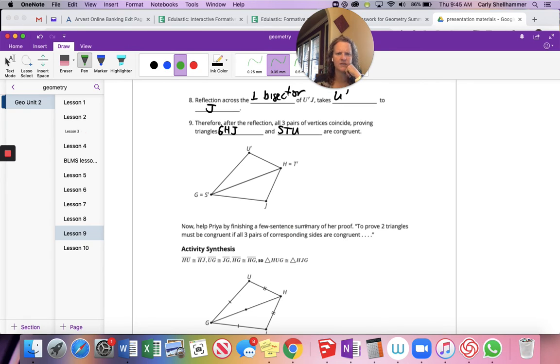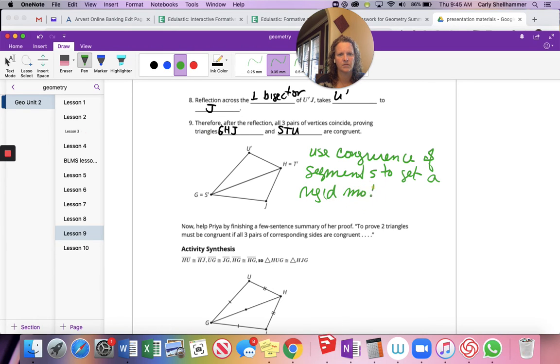Now help Priya by finishing a few sentence summary for proof. To prove two triangles must be congruent, if all three pairs of corresponding sides are congruent, use congruence of segments to get a rigid motion so that two pairs of corresponding vertices coincide.